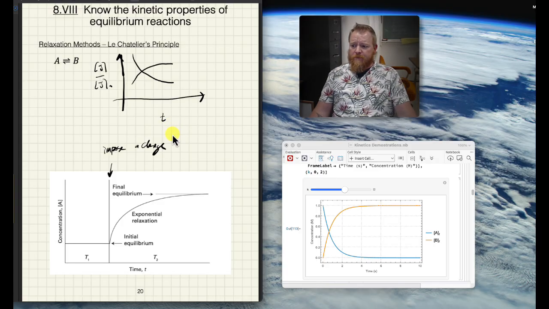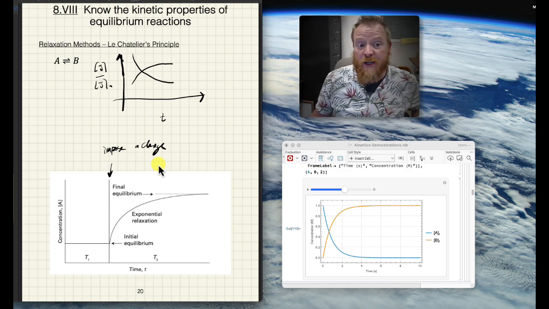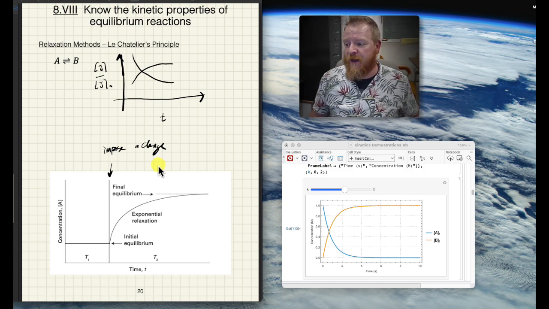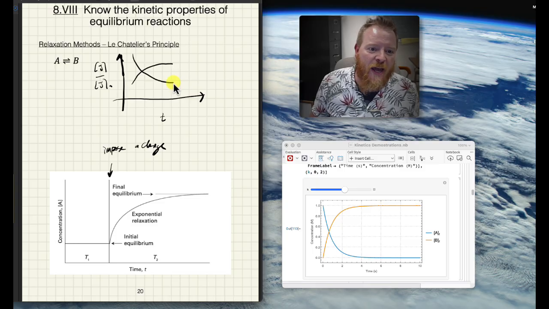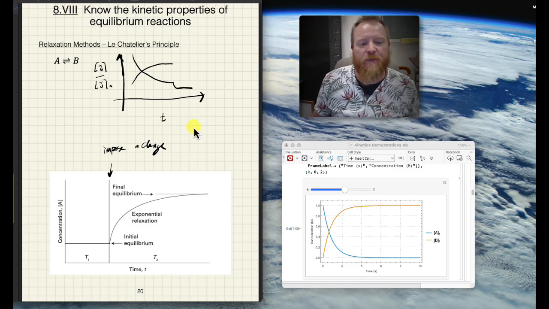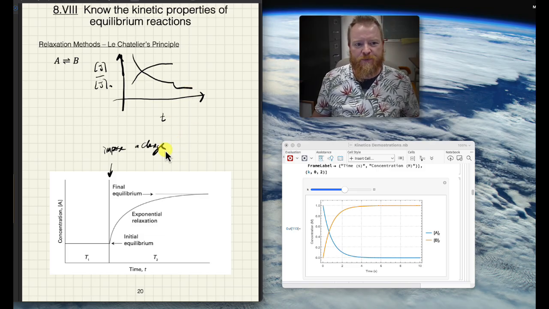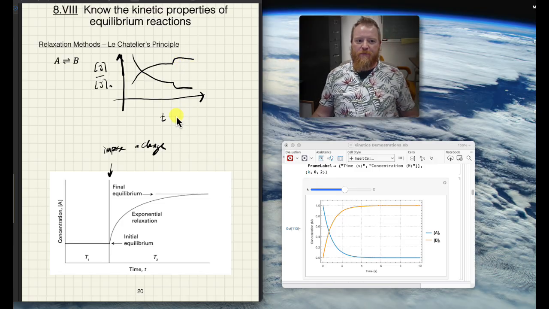Okay. So if we impose some change that preserves the ratio of the equilibrium constants, right? When A shifts, so let's suppose A shifts down in some way because we've imposed some type of change, B will have to have the same corresponding shift, right?